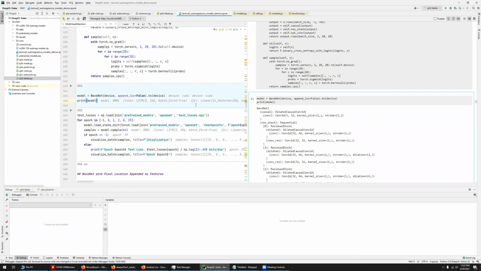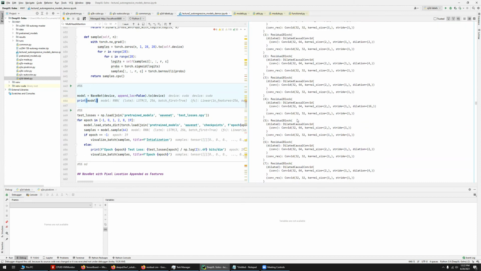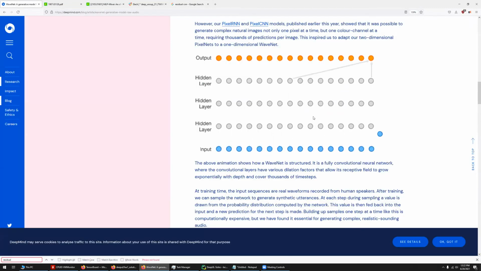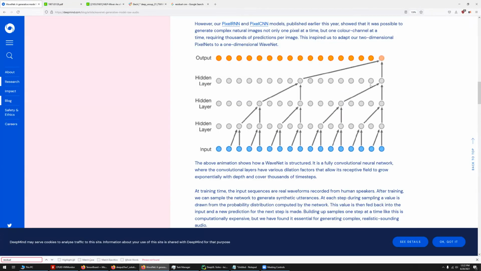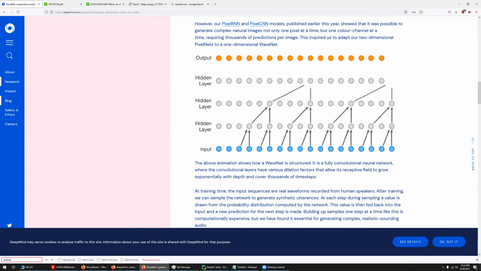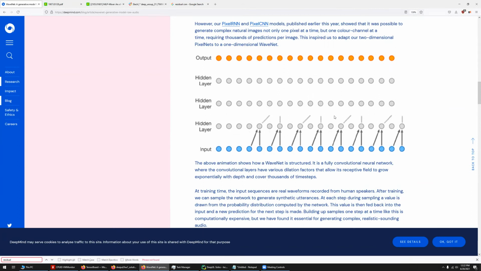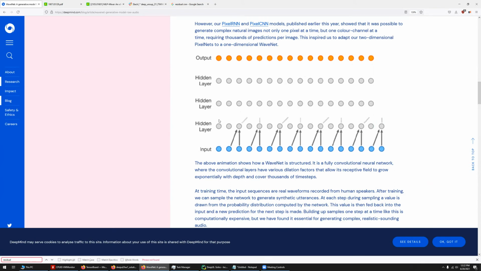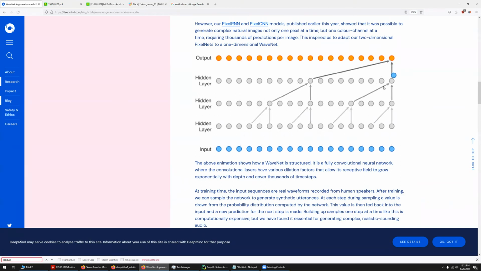So Wavenet, I printed out the model here, and I wasn't quite sure. Here's Wavenet. So I think we all remember the example, right? So that you have a new one, and then the previous one, there's a dilation in the past, and then the most frequent ones are used more often.